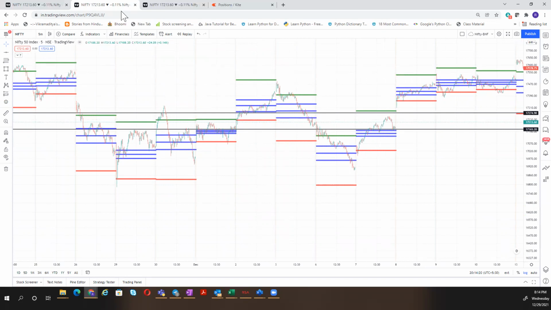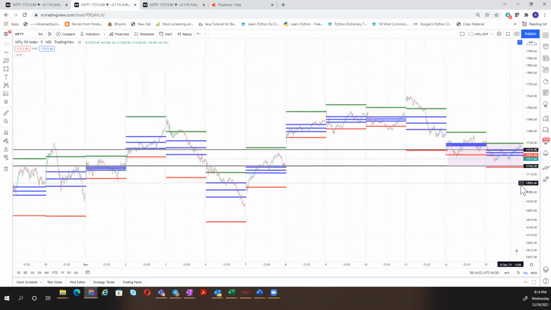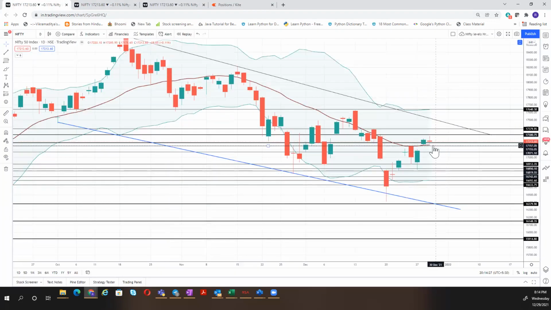So what I would like to call out here is that on a daily candle, we have a doji above the 20-day moving average. This is very important. If you see from the top, the market comes down, breaks the 20-day moving average, hovers around or above the 20-day, and comes down. So we are clearly in a downtrend. Still, we are not in an uptrend.